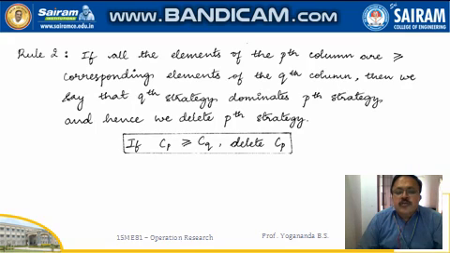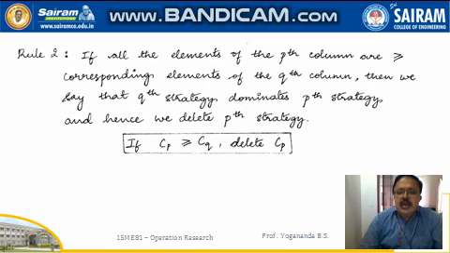Similarly, when we take the columns, player B, though he is losing the game, wants to minimize his losses. So he keeps the column which has less payoff and eliminates the other columns which have more payoff.